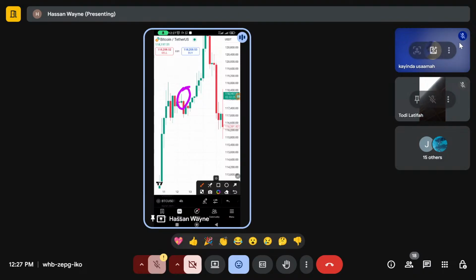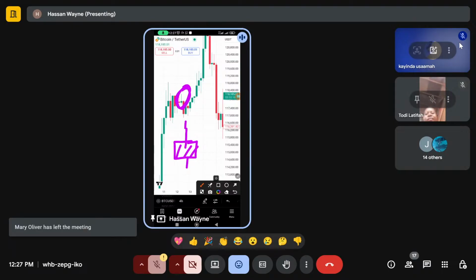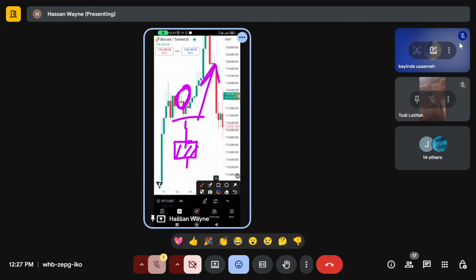As we are seeing here, it was a bullish shooting star. Since it was bullish, it means sellers have stepped in with less energy. That's why we saw the market coming down a little bit, then it went up. So I just do support and resistance.